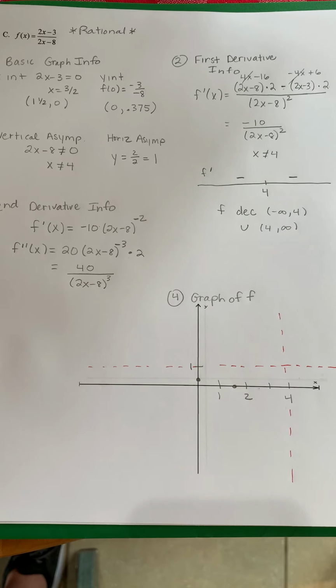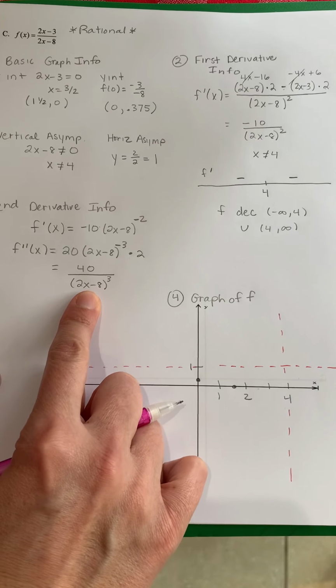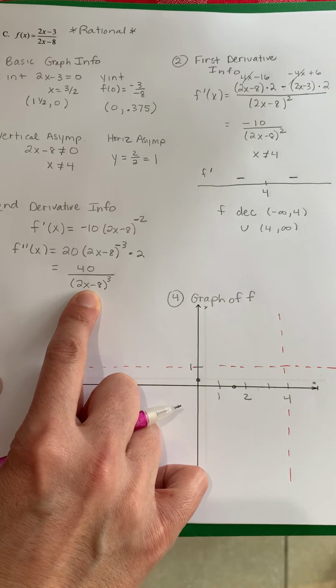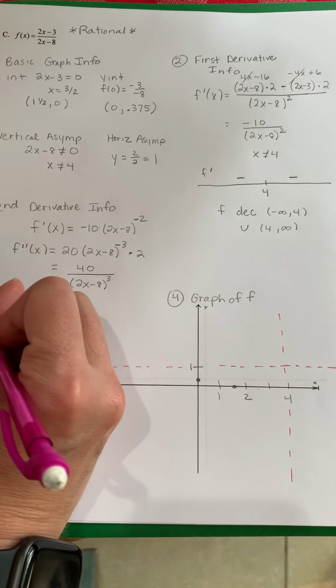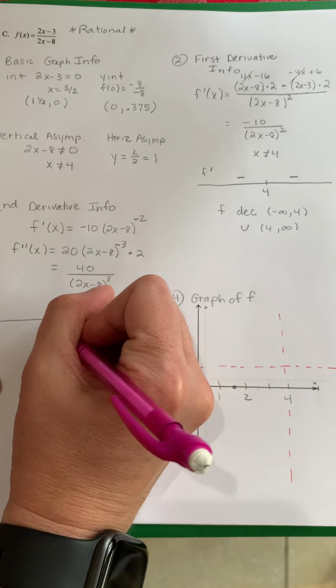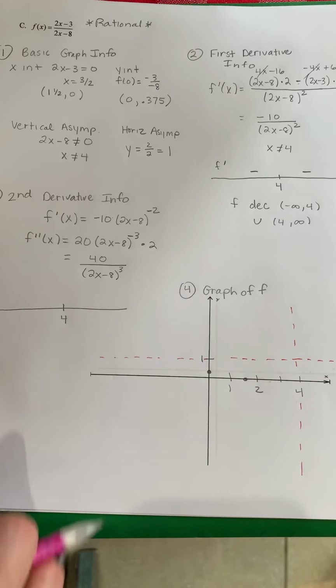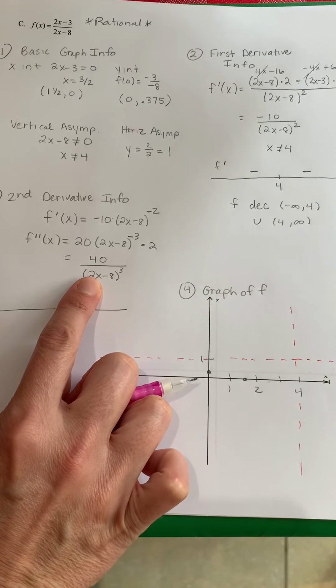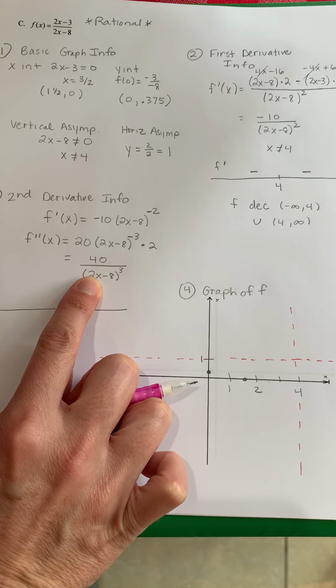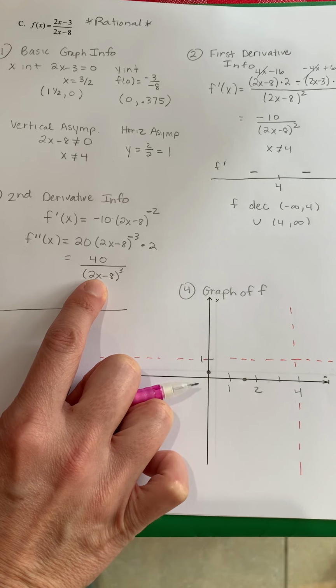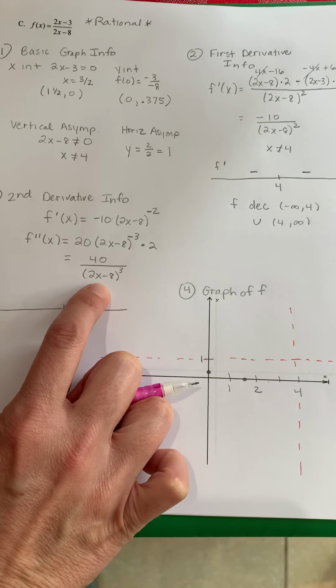All right, next up, again, we see that our possible inflection point comes from the denominator, although that's not a good value, so we will just be using that to determine intervals of concavity. So if we plug in a number like 3 on this side, we're going to get 6 minus 8, which is a -2, and cubing that is a negative.